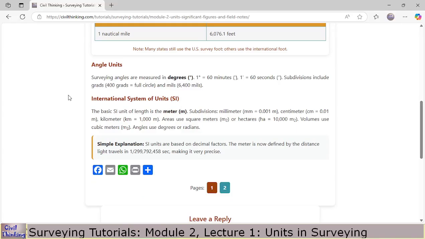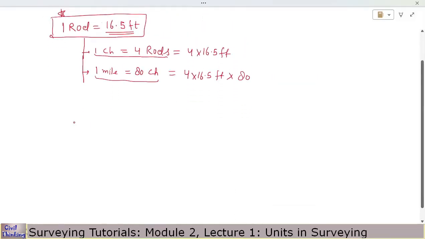Now let us talk about angle units. Surveying angles are measured in degrees. We know 1 degree is 60 minutes, and 1 minute is 60 seconds. We denote seconds with a double dash, and minutes with only one dash.